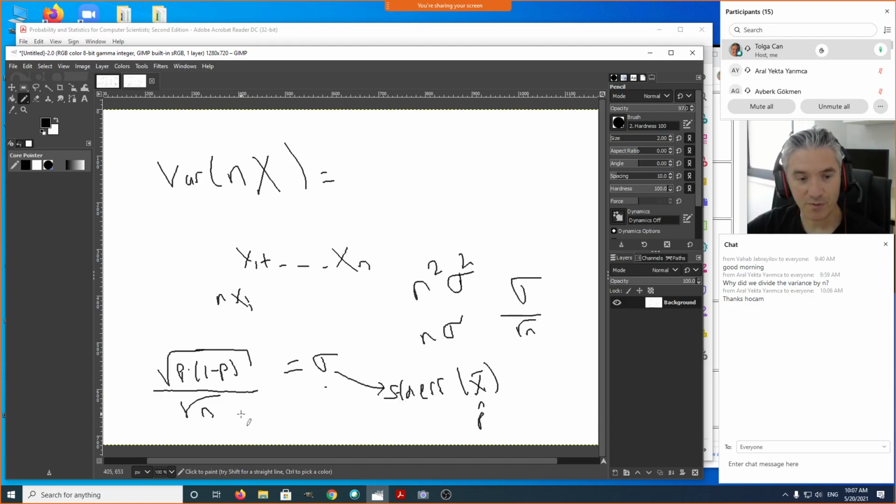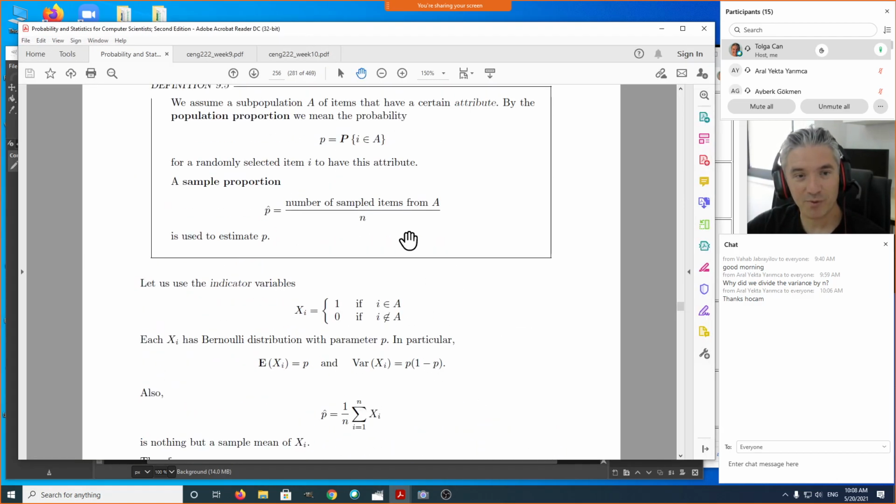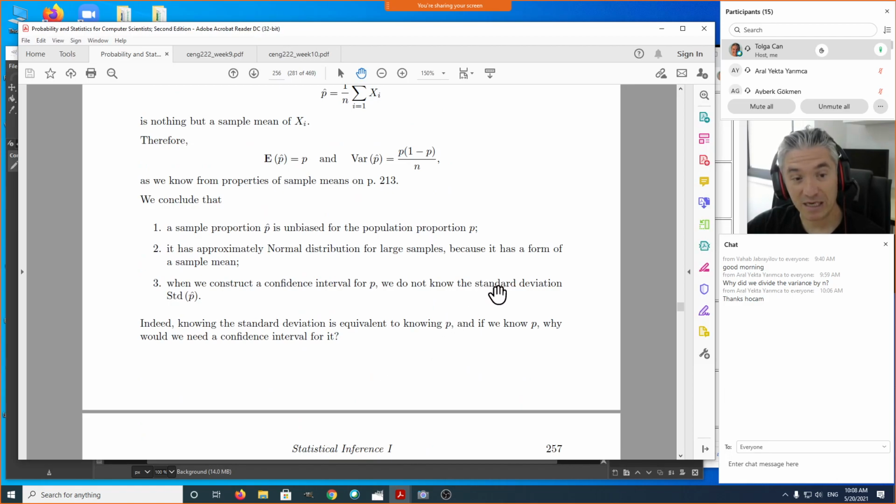That's why we divide by this. The problem is that the formula for standard error contains P. If we don't know P, we cannot compute the standard error. That's why it says the standard error is unknown.